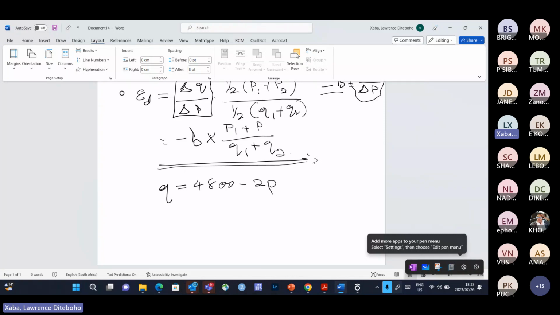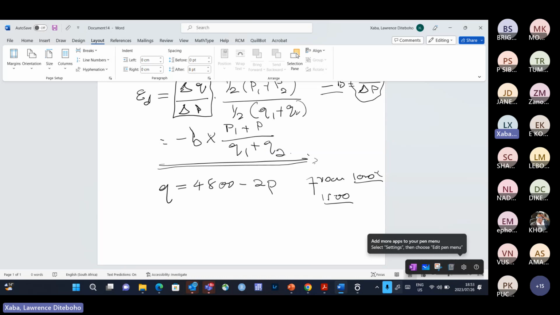We need to find the quantity demanded at these prices. So we are given two prices, which range from 1,000 to 1,500.